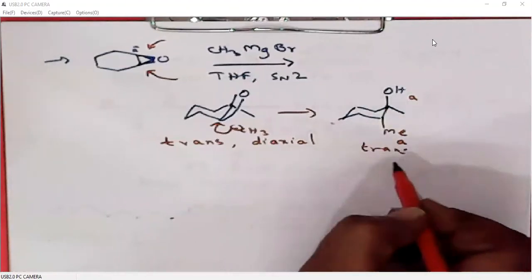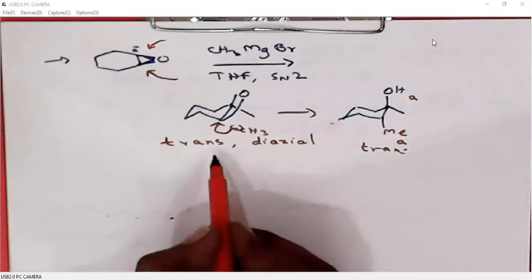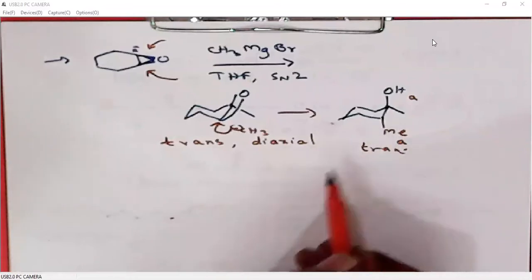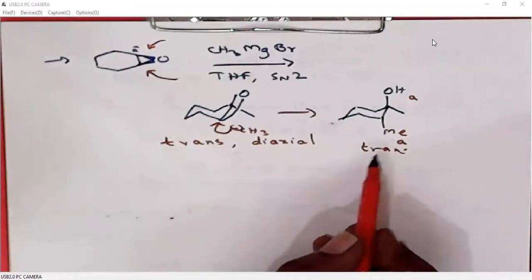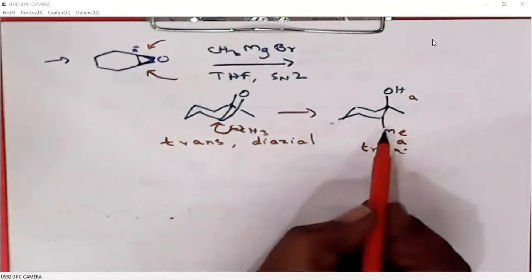Both are trans. So whenever we want to react an epoxide with a nucleophile, epoxide opening is possible only through the trans diaxial product. So the product should be trans, and at the same time, diaxial.